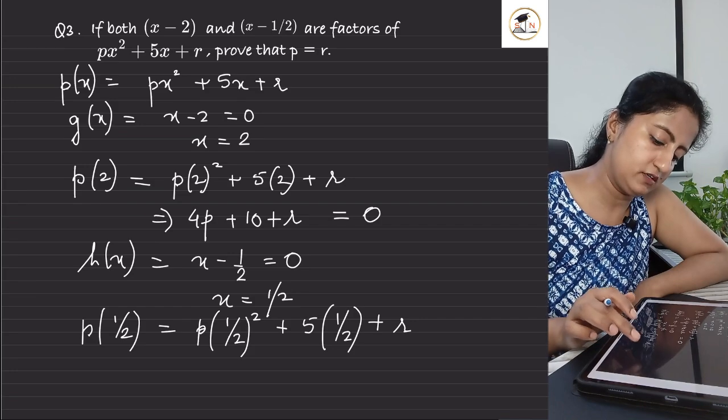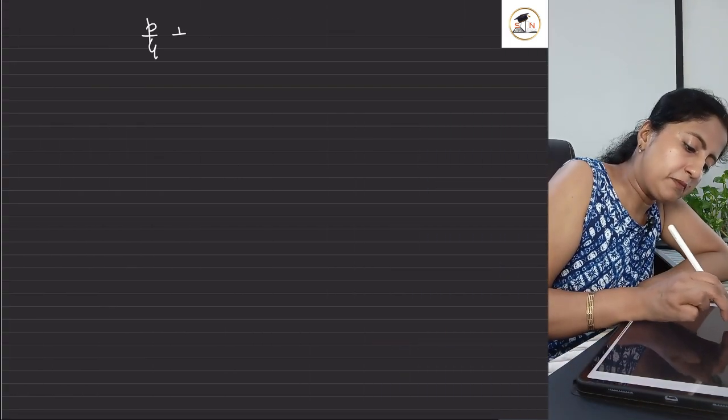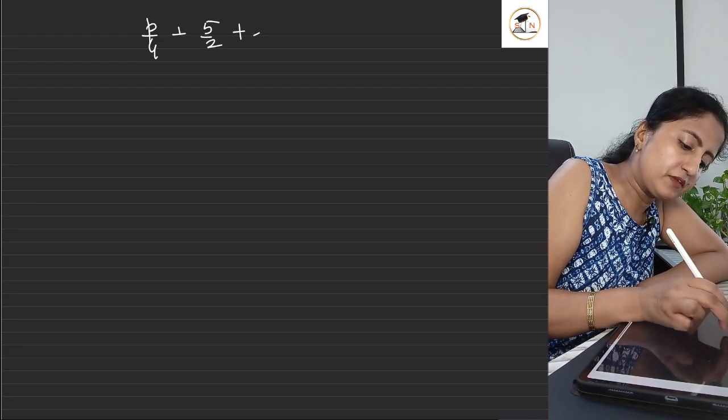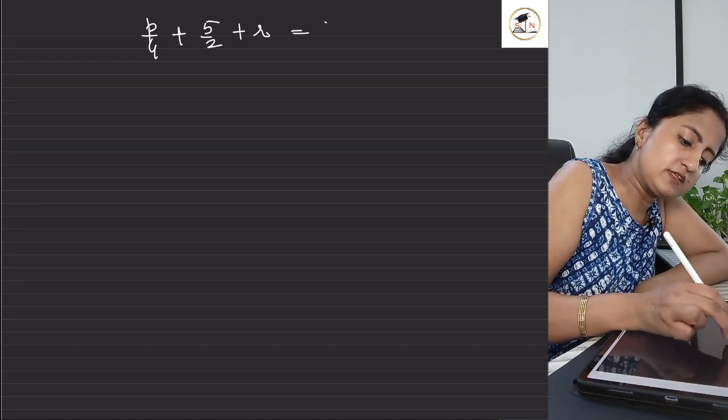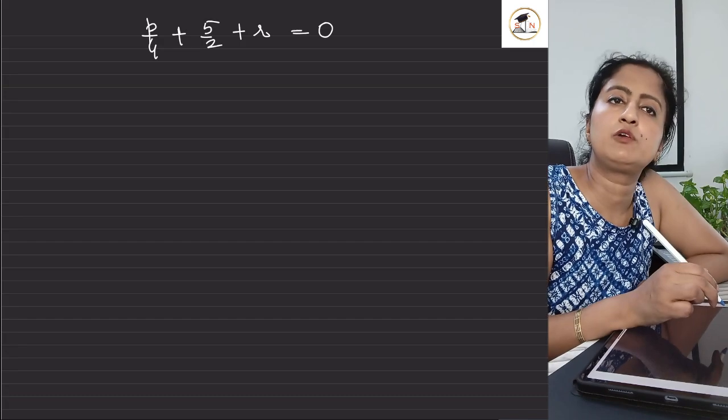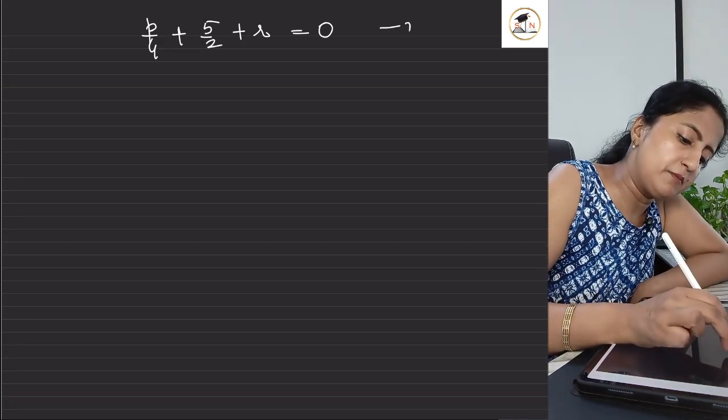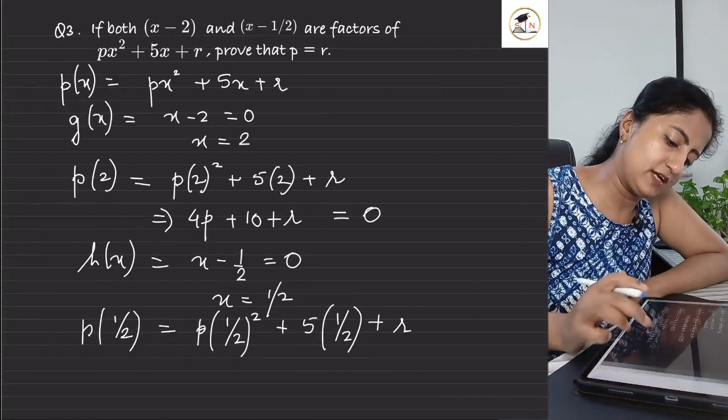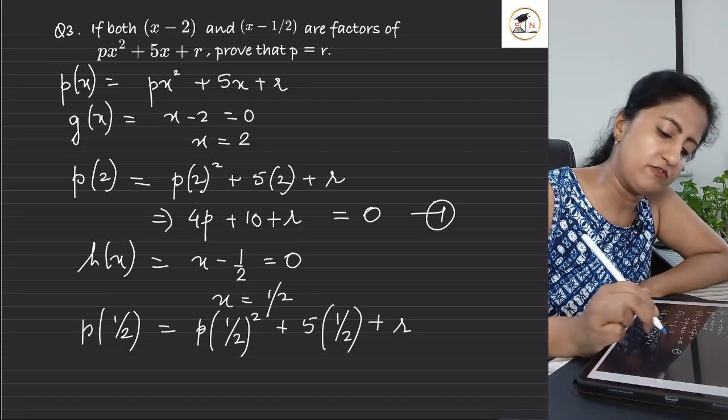Let's solve it further. This comes out to be p by 4 plus 5 by 2 plus r. This is 0 also because we were told it is also a factor. I'll number this 2 and the previous one that we had got as 1.